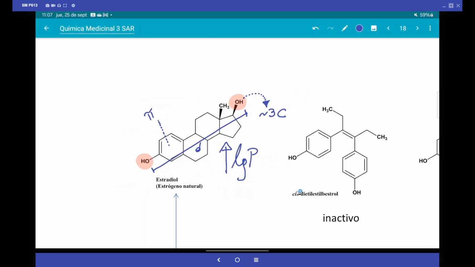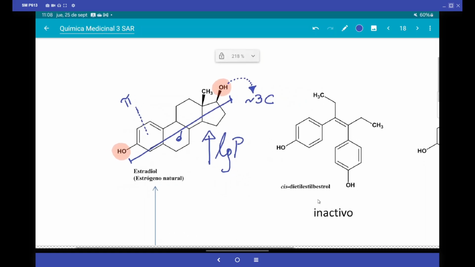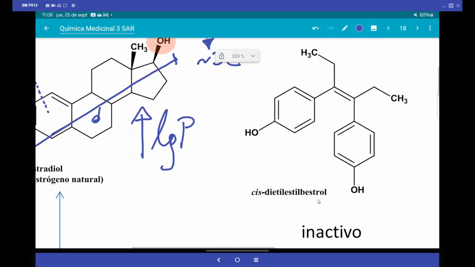Well, while it loads, next we have a derivative that was created in order to imitate the natural estradiol, the female sexual hormone, and it is a cis-diethylstilbestrol, that's how it's called. And it's inactive. When we say cis, was it E or Z? Exactly, perfect.